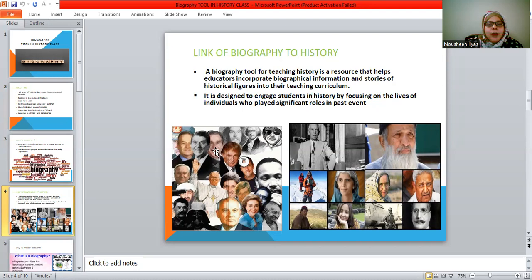Even you can use biography to learn about people who are still alive, like Obama, Bill Gates. So many people are there about whom we can still get information using this tool.